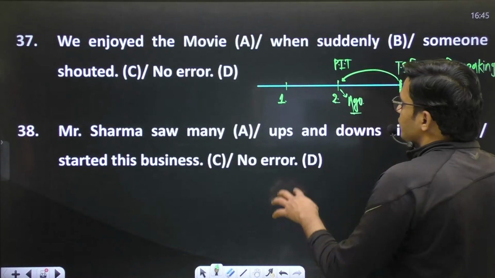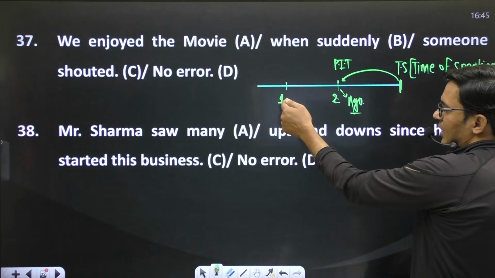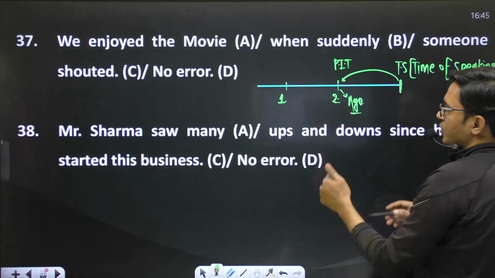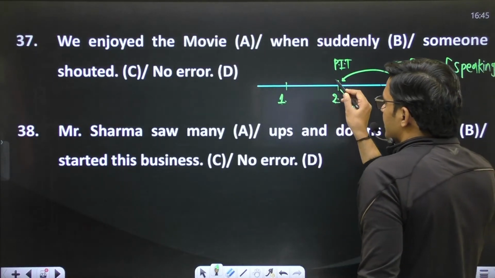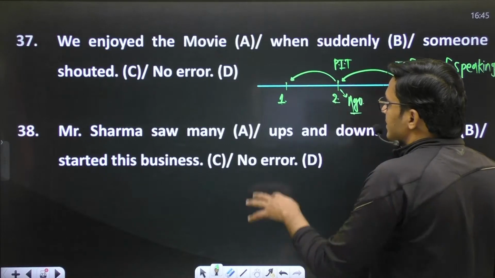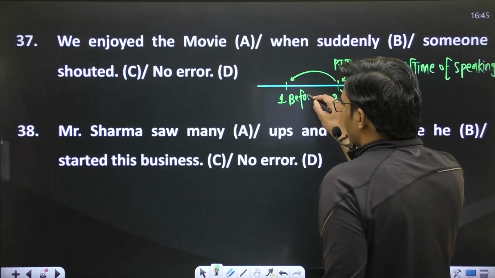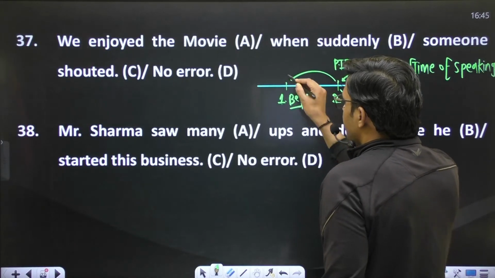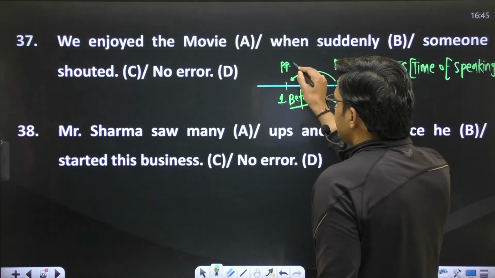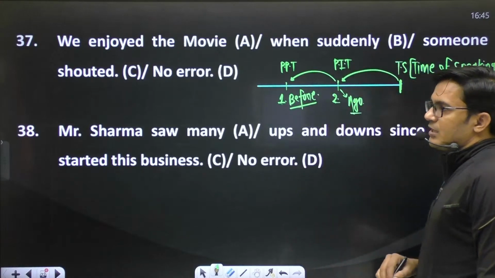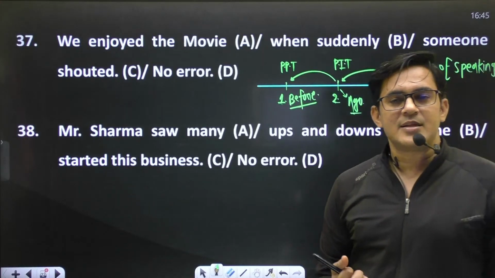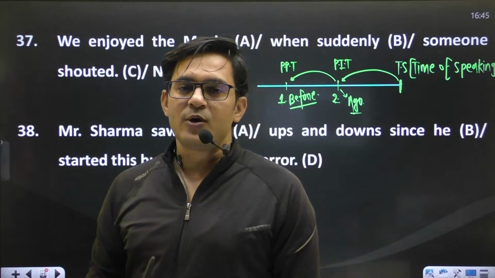But the first action is backward from the past, and this backward from the past denotes "before", and it demands past perfect tense.